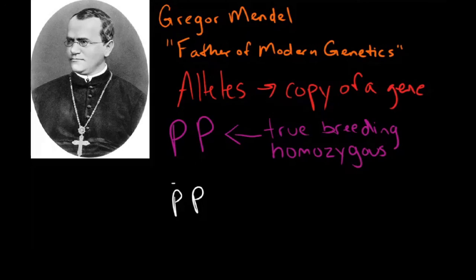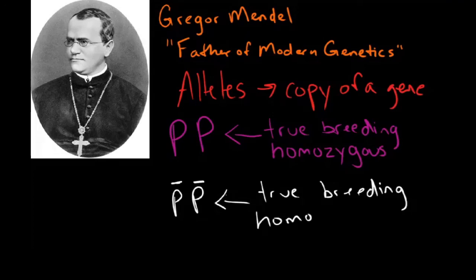Now, these are going to be lowercase p's because it's recessive, and my p's all look very similar, so I'm going to use lines over top of the lowercase. This is also a true breeding pea plant, but it's true breeding recessive. All right, so it is also homozygous. Both letters are the same, 2 lowercase, but it is homozygous recessive. The purple was homozygous dominant.